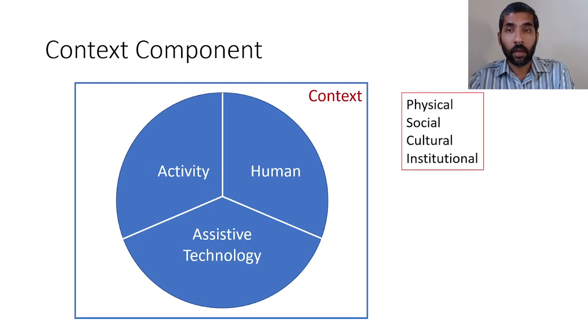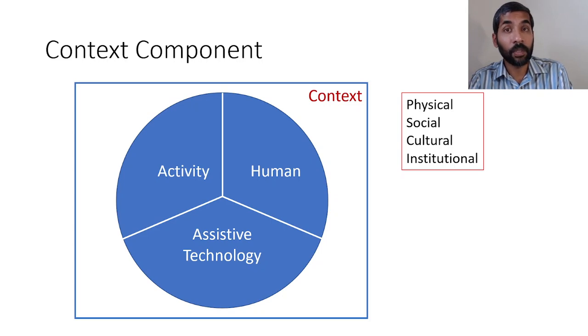Okay, now what's the context? Now, in the context, we can talk about things like, are the assistive technologies that we offer socially acceptable? So if you start using assistive technology, and I'll show you a few examples in a moment, does that automatically attach a stigma to you in the society? And that wouldn't be very nice, isn't it?